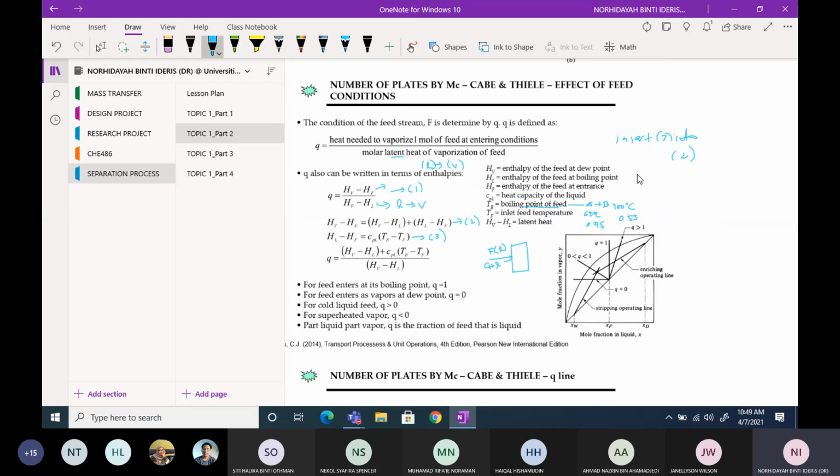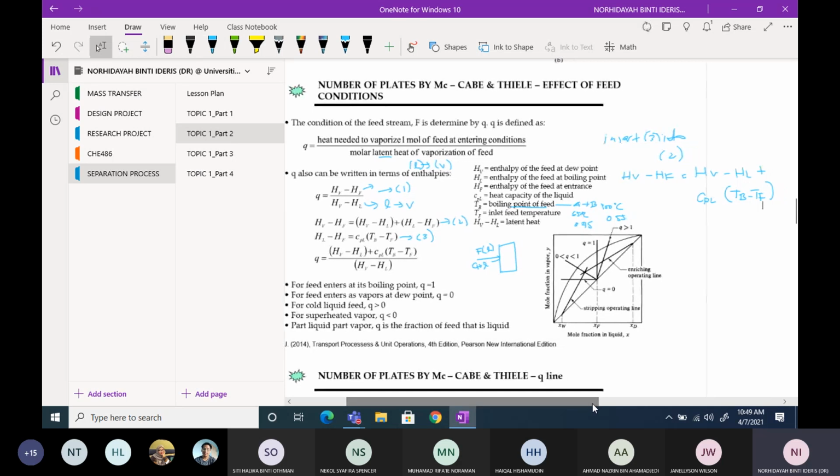So it becomes HV minus HF is equal to HV minus HL plus CPL TB minus TF. Let's say that this one is equation number 4.